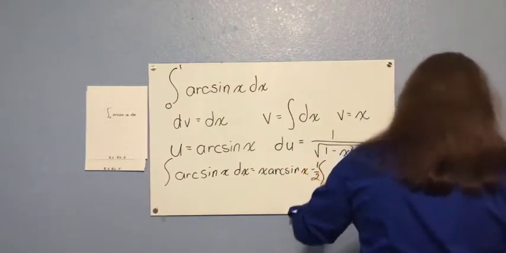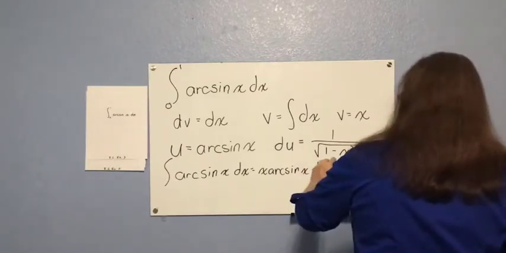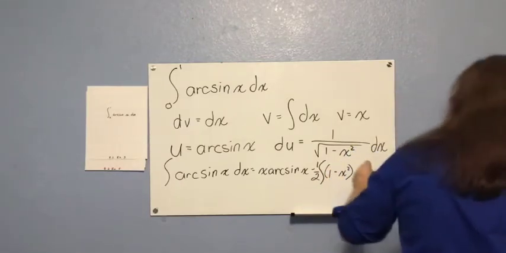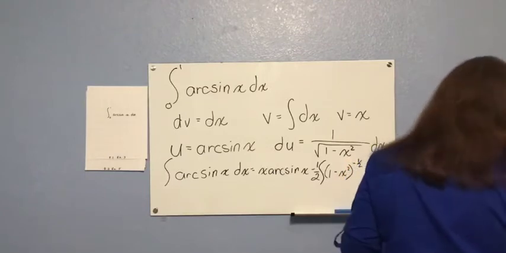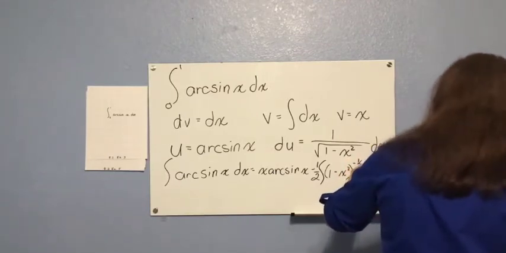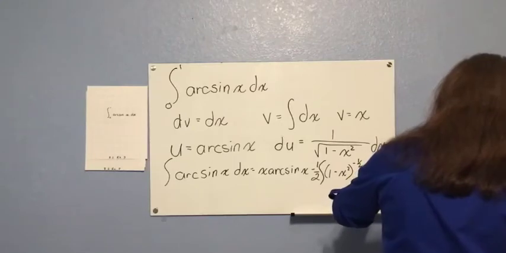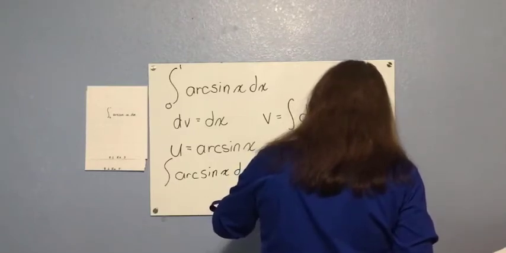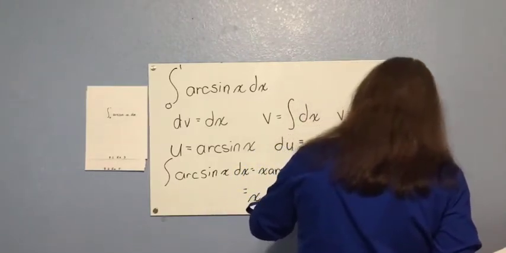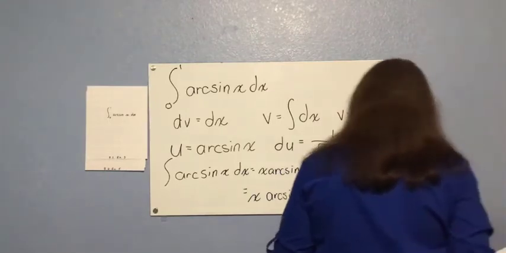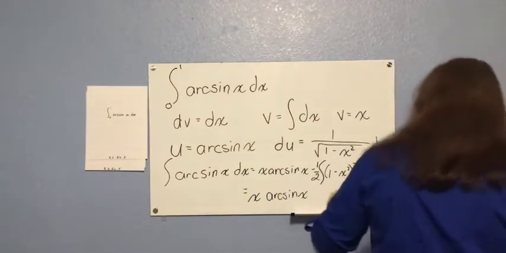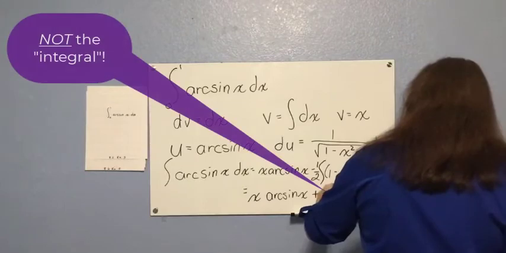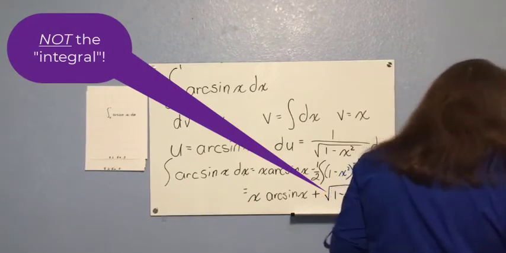I'm going to take a 1/2 out. I'm going to have 1 minus x squared to the negative 1/2 power times negative 2x dx. So I end up with x arc sine x plus the integral of the square root of 1 minus x squared.